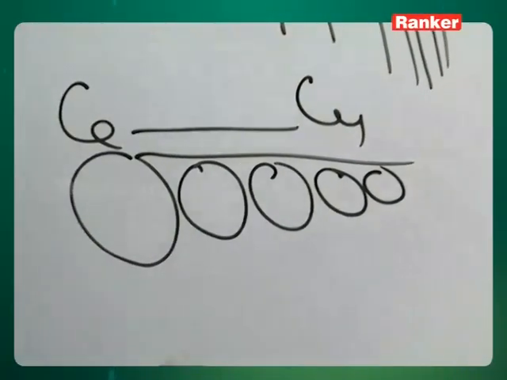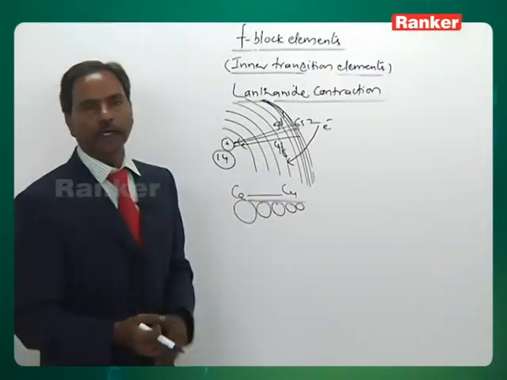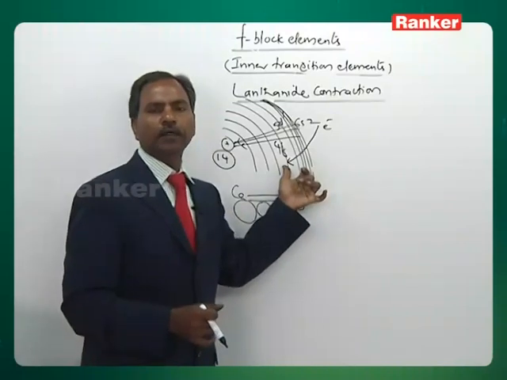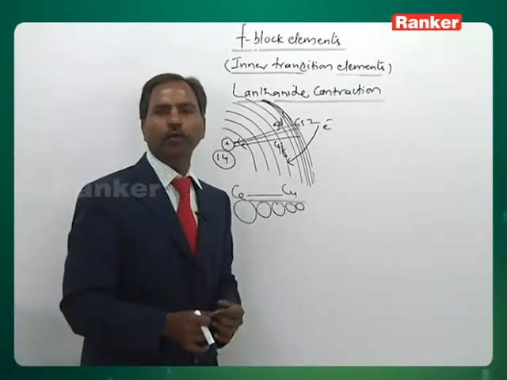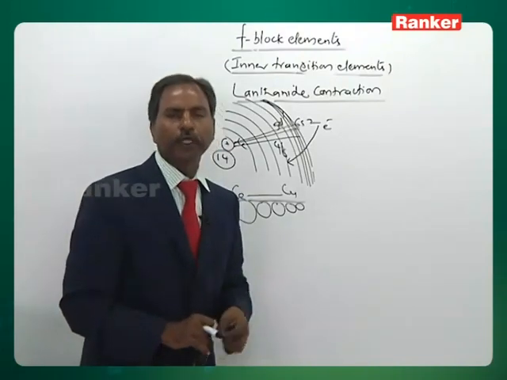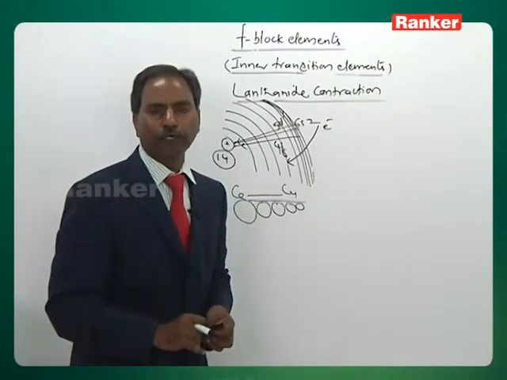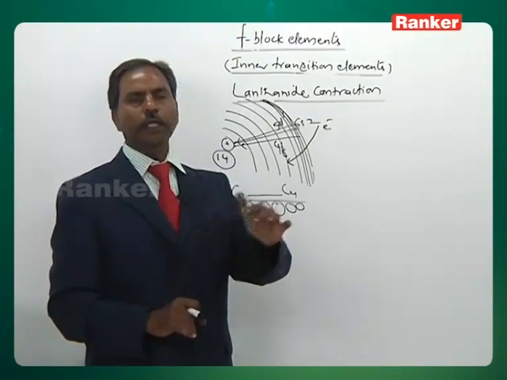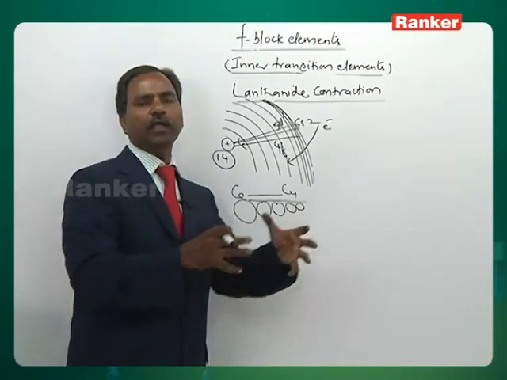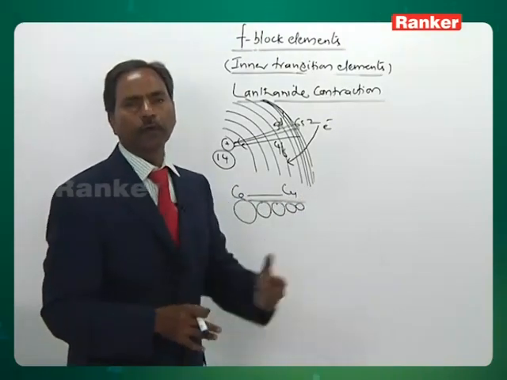Once again, let us listen to the actual definition of lanthanide contraction. In lanthanides, the differentiating electrons enter the f orbitals of the antepenultimate shell. As a result, there is an increase in nuclear charge by 14 units. In addition, f orbitals are poor shielders. Therefore, the nucleus attracts the outermost orbital electrons towards itself.